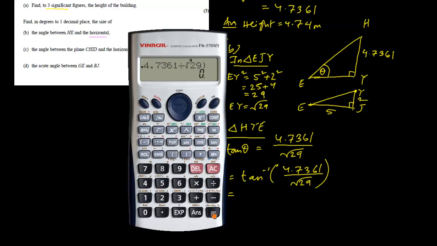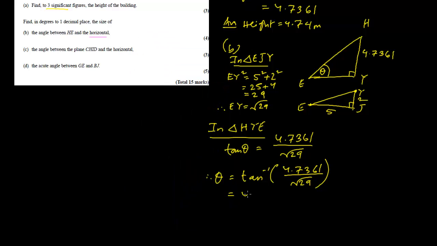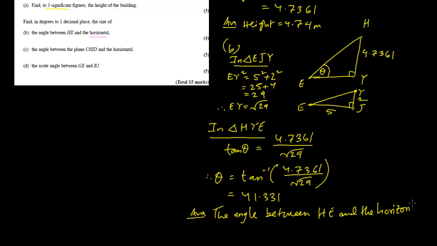So this is going to be 41.331 degree, and the answer should be the angle between HE and the horizontal is, remember we need 1 decimal place here, so it is going to be 41.3 degree.